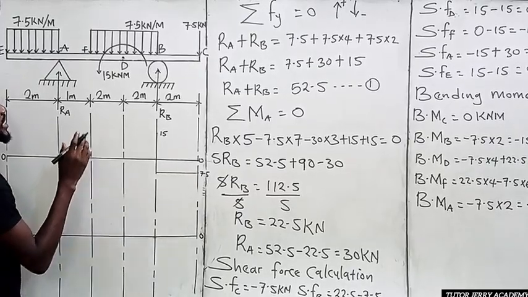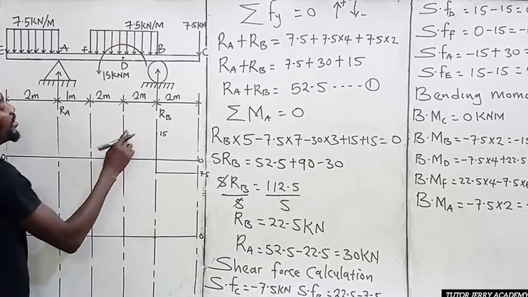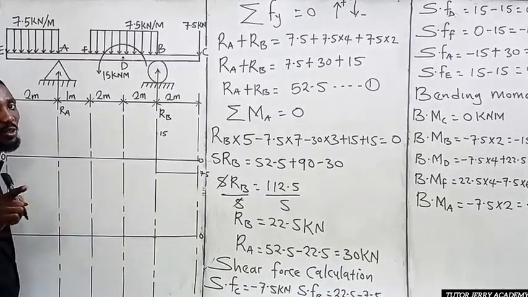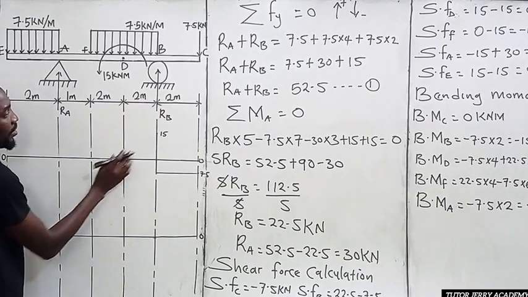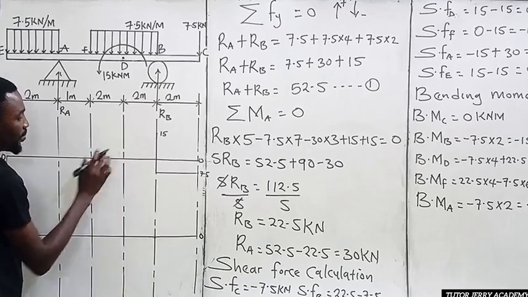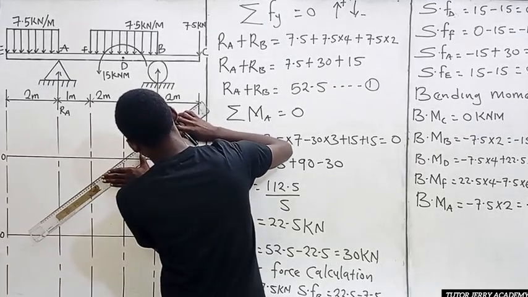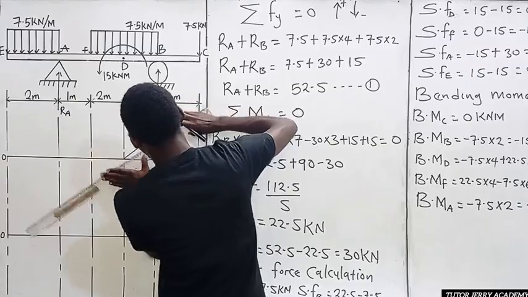And don't forget, if we have a uniform distributed load, we represent that with an inclined line in our shear force diagram. So this is our 0 at point D. We are going to draw this line to this point, so it's going to be like this. All right, so that is it.